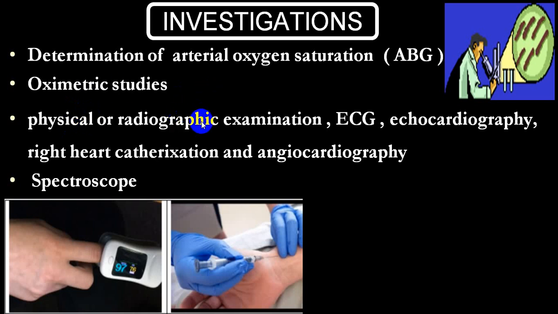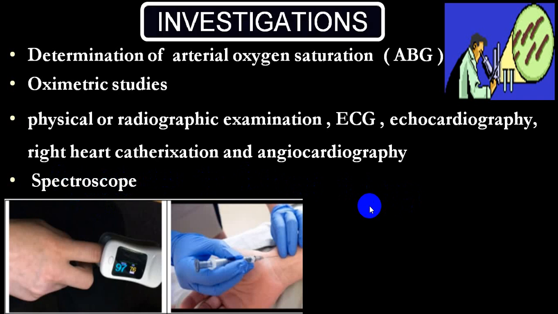For respiratory and cardiovascular conditions, you can have an ECG, echo, right heart catheterization or angiography to find out the cardiovascular conditions, and you can use spectroscopy or spectrophotometry for identifying the type of hemoglobin, that is sulfhemoglobin, methemoglobin and carboxyhemoglobin. You can utilize those investigations.